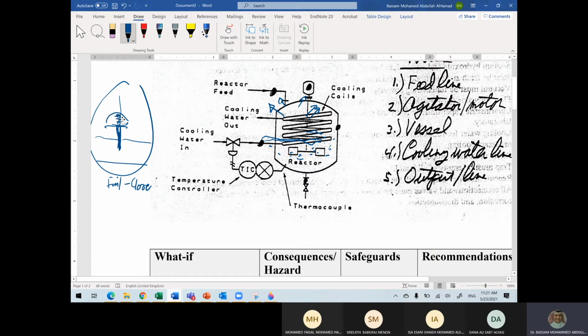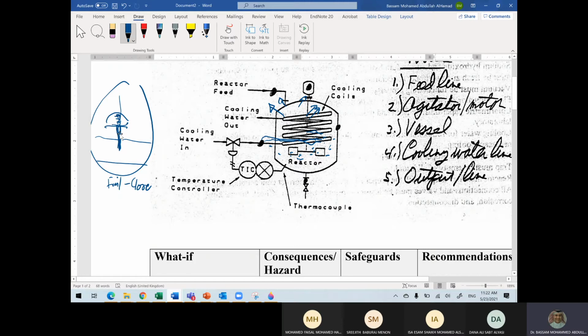Does it close or does it open? That means it does not get the signal. It has no signal. Does it close or does it open? It depends on how we built this valve. We can build this valve so that if you apply pressure, it closes, or if you apply pressure, it opens.